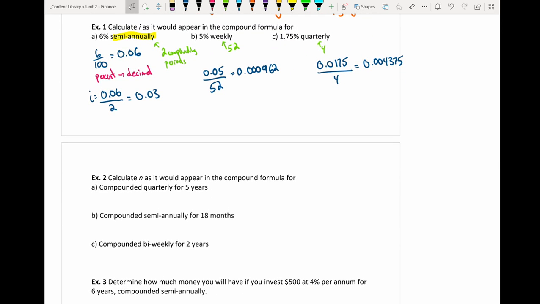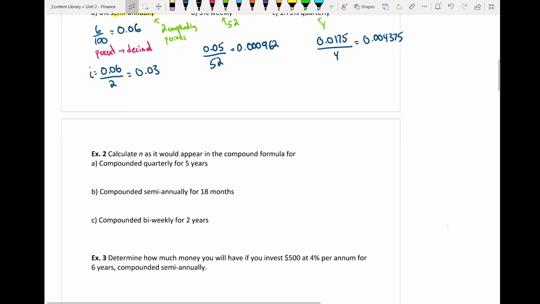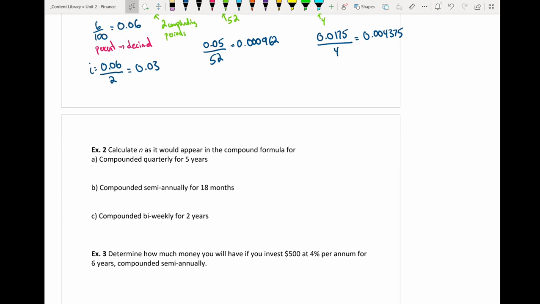For example 2, we're calculating the n value. So the n is the total number of compounding periods. If we look at A, we're looking at compounded quarterly for 5 years. Compounding quarterly means there are 4 compounding periods, and if it's for 5 years, then 5 years times 4 compounding periods equals 20.